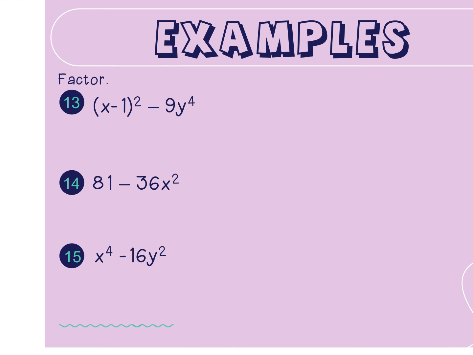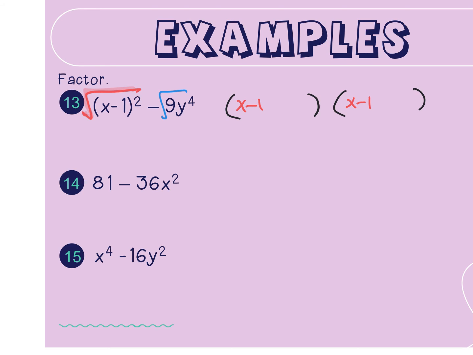So for number 13, still the difference of two squares. So I'm going to square root this first term. Oops, let me fix this. So square root the first term, square root the second term. Let me set up my binomials. So the square root of x minus 1 squared is just x minus 1.